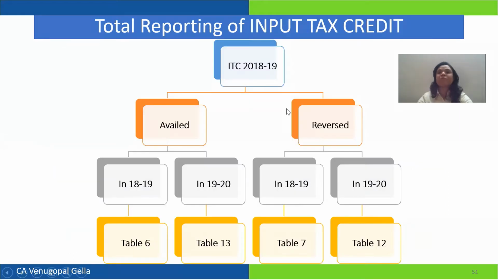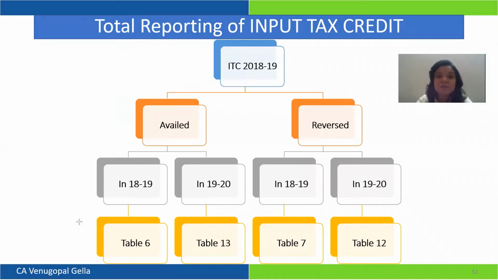Coming to the total reporting of input tax credit, there are 4 tables in GSTR-9 where the input tax credit is to be reported, apart from the comparison of GSTR-2A and 3B. What are those 4 tables? Table 6, Table 7, Table 12, and Table 13. So Table 6 is the credit which is availed during the current year.